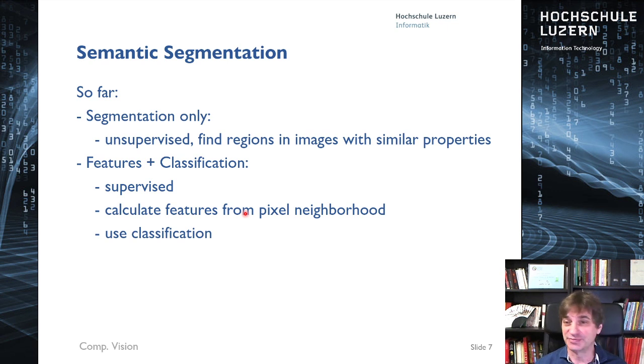From one pixel you cannot determine if it was checkered or not checkered. So the features are usually calculated from a neighborhood, and then we use a classification approach for that.